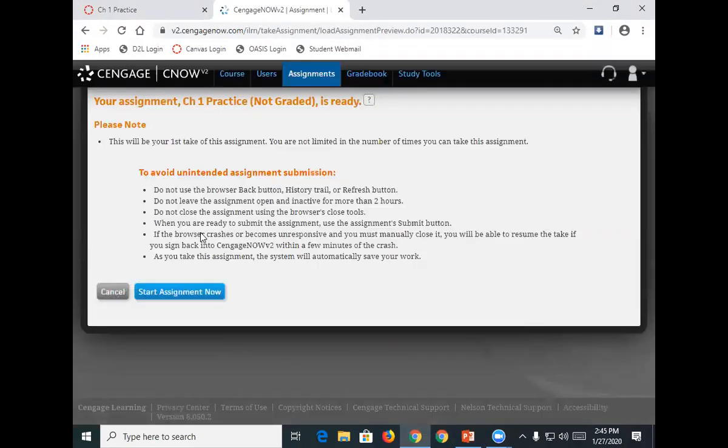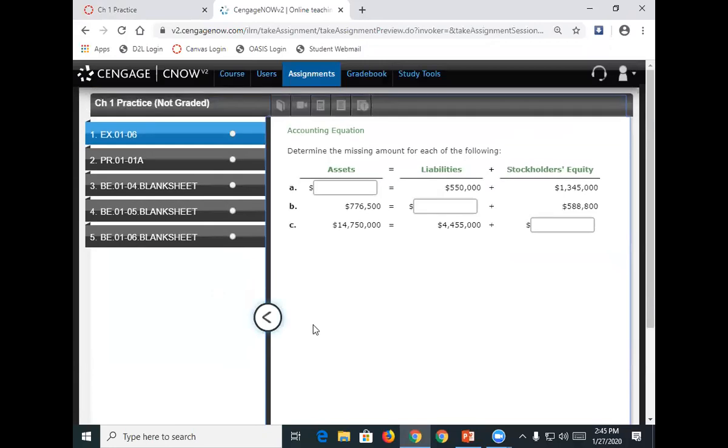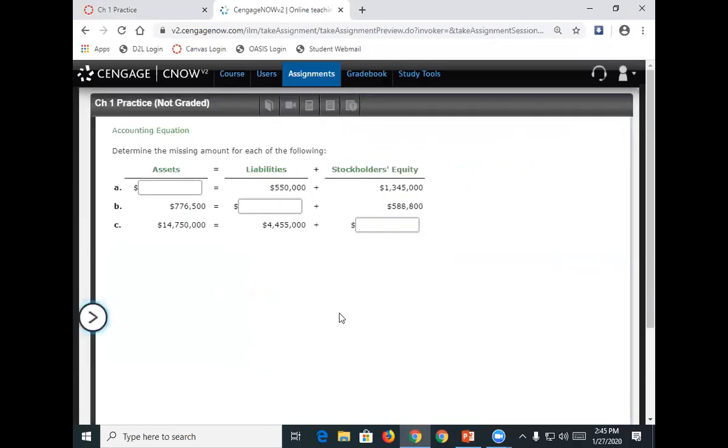Takes a minute. Okay. So you can hit Start Assignment now once you get there. You're in the Chapter 1 practice. But mine's not doing it. Just show the assignments. Click on All Assignments.